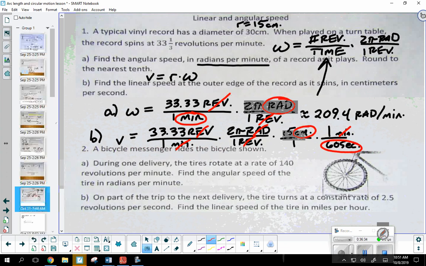So I would take 33.33 times 2 pi times what? 15, and then divide that by 60. So if I actually put like a little dot on the vinyl record and I watch that dot spin around, this linear velocity would be telling me how fast it's actually traveling. Remember, it's going to be traveling in a circular path. Okay. All right, so remind me that we almost finished B tomorrow. We'll go ahead and start.